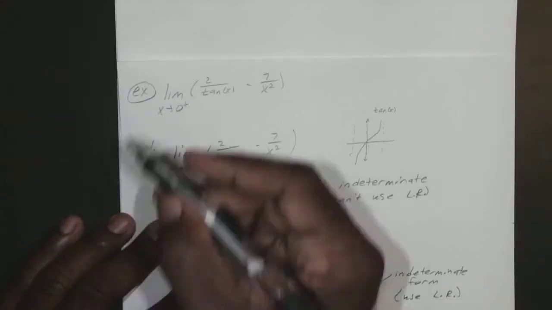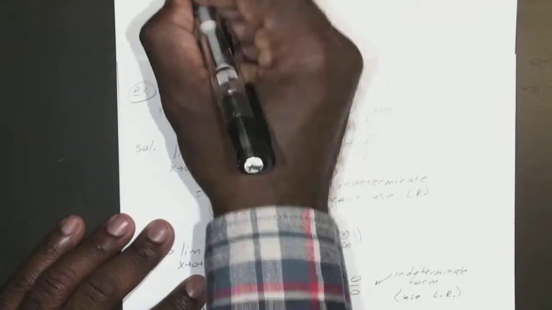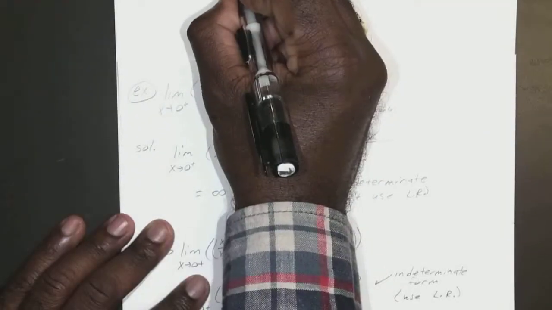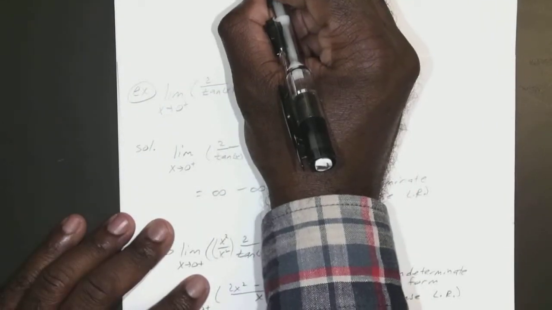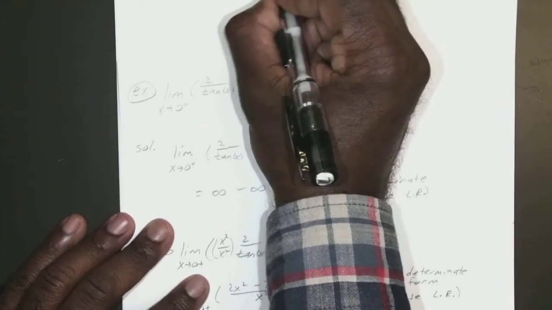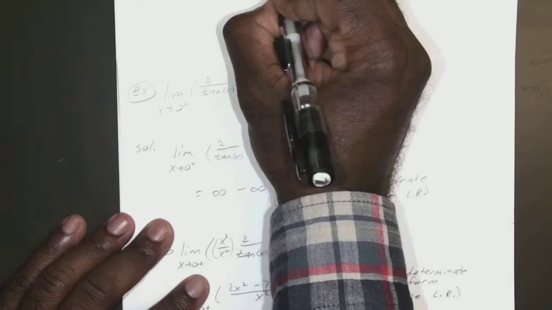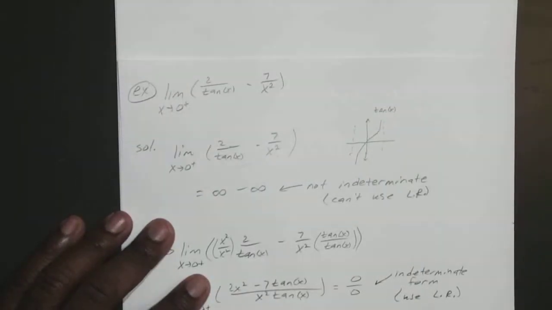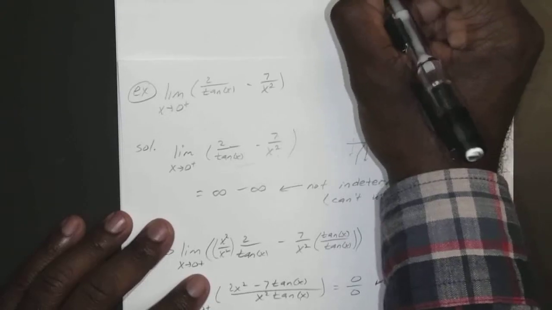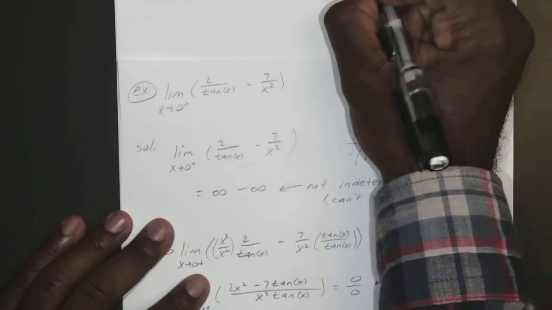So let's say we did write it like that. If we have 2 over tangent of x, and we made that 2 over sine of x over cosine of x, that would be 2 cosine of x over sine of x.